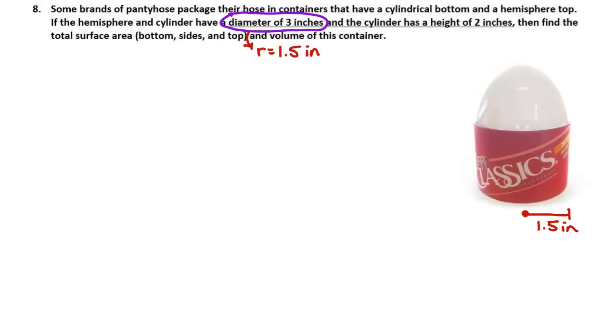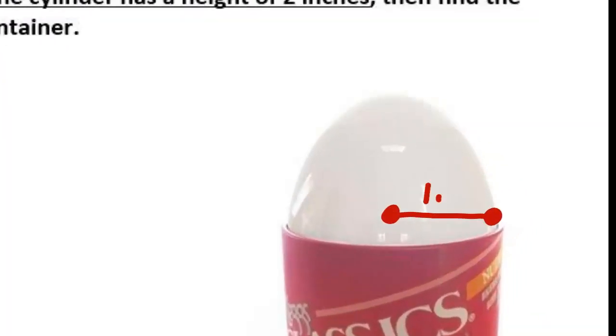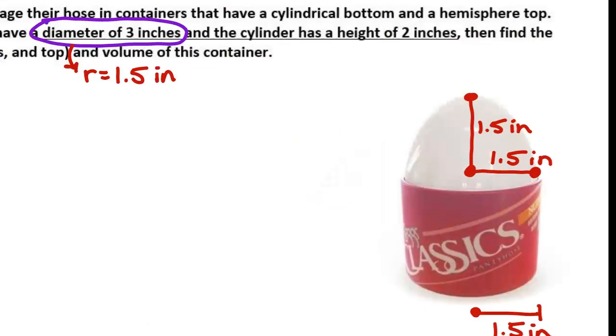And when I'm looking at my hemisphere top, it would be 1.5 inches to go from the center to the edge this way or this way. Because it's a hemisphere, the radius is the same in all directions, as long as I'm going from the center. And then we have the height of the cylinder at 2 inches.